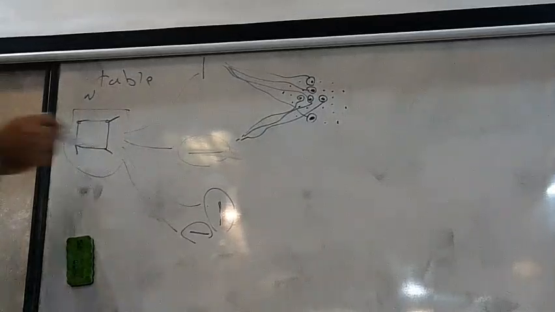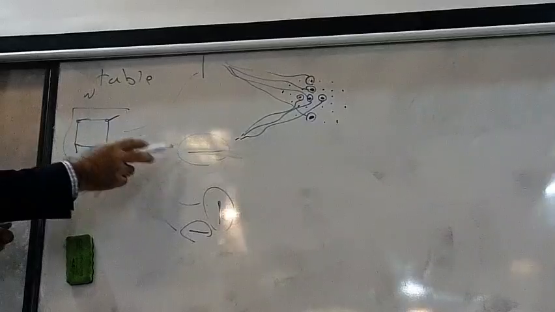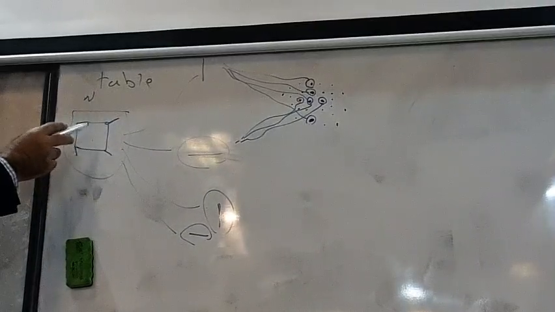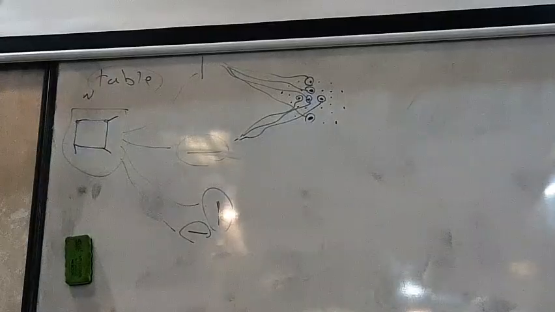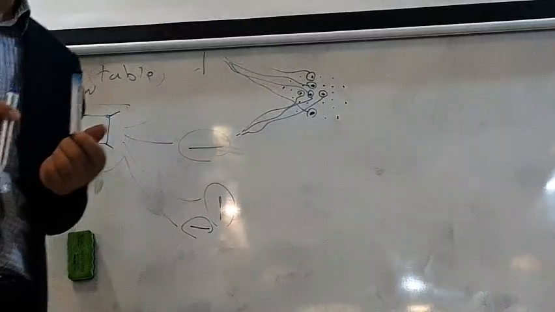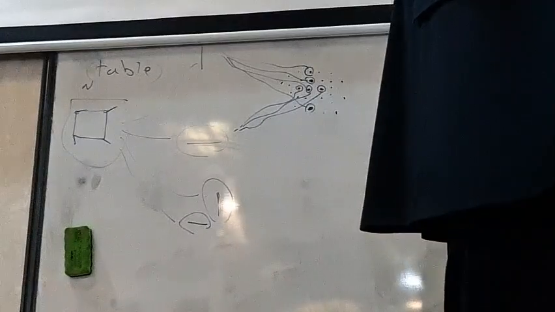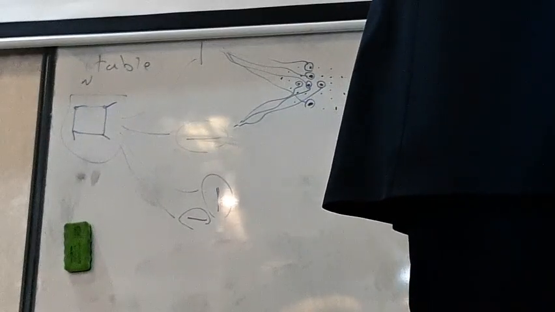Action potential from the points was translated into line, translated into shape, and finally we reach a conclusion. This square that has some vertical lines, this is a table. Accordingly, let me tell you that the brain is doing processing step by step.